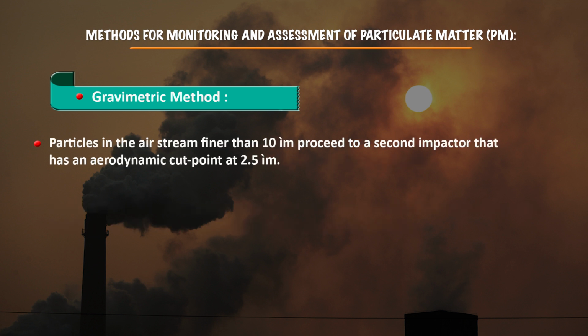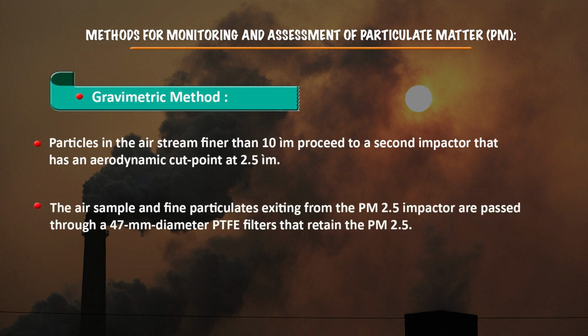The particles in the air stream that are finer than 10 microns proceed to a second impactor, which has an aerodynamic cut point at 2.5. The air sample with fine particles exiting from the PM 2.5 impactor is passed through a 47 millimeter diameter PTFE filter, as you can see in the diagram, which retains the particulate matter of 2.5.